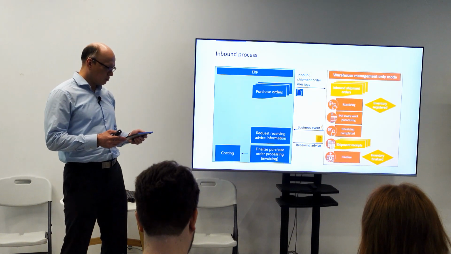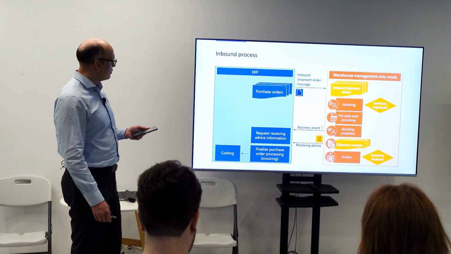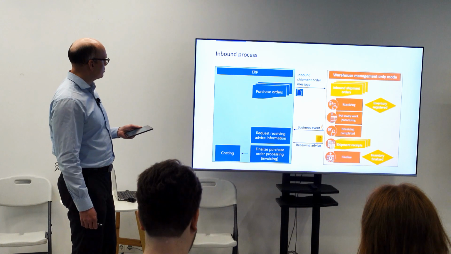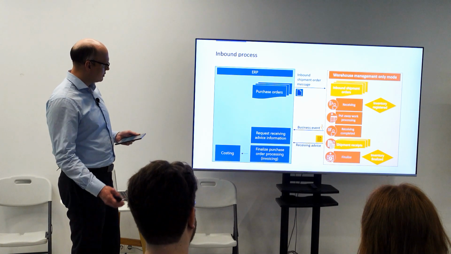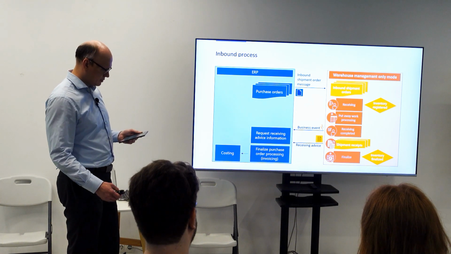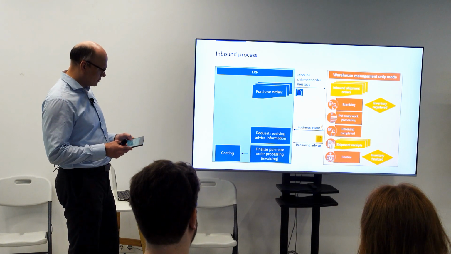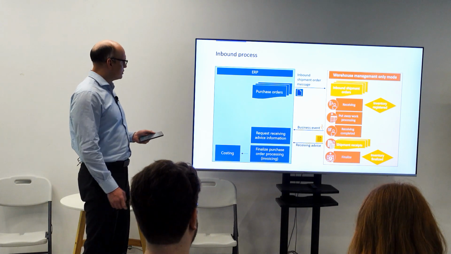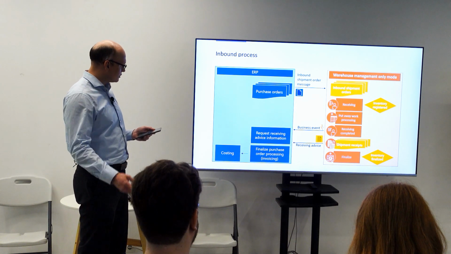So let's discuss the inbound and outbound process in a bit more detail. In order to operate with product receipts, it is necessary to use inbound documents. As I mentioned before, many standard documents like purchase orders and transfer orders were replaced with inbound orders. The current diagram shows a high-level review of the inbound process.